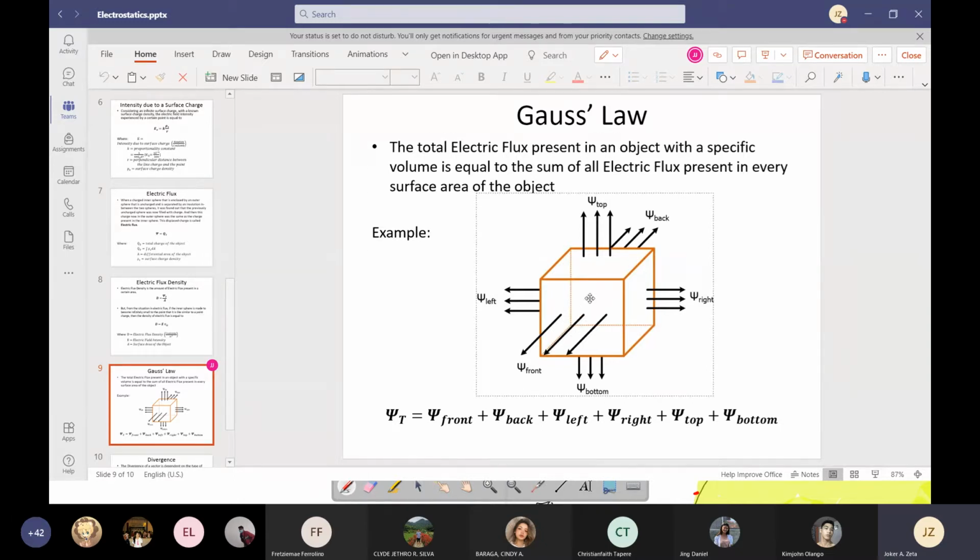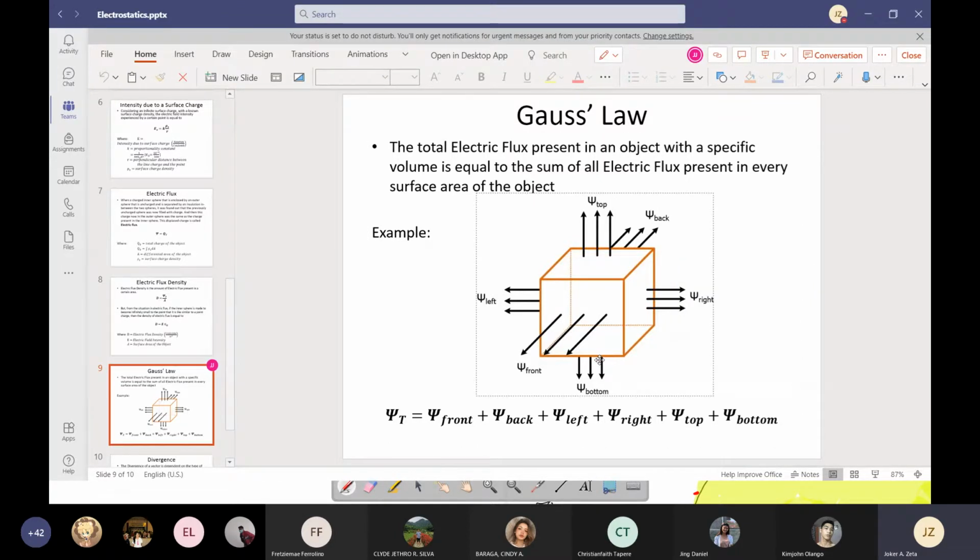So in short, if you have a rectangular coordinate system, or let's say a rectangular box, then the total displaced charges or total electric flux present on this box would be the flux on the front surface plus the back surface plus the left surface plus the right surface, plus the top surface, plus the bottom surface.